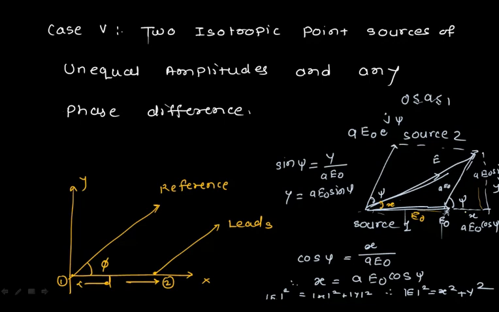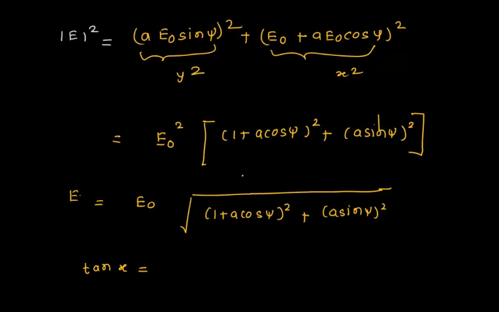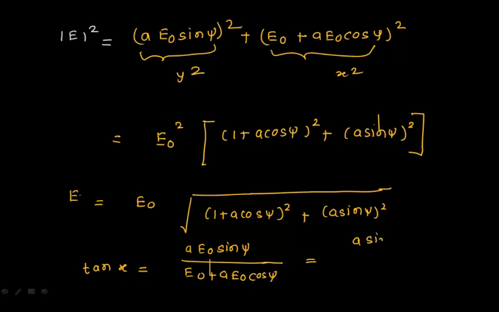Putting in the values, A E0 sine of psi divided by E0 plus AE0 cos of psi. E0 is common and cancels, so it is A sine of psi over 1 plus A cos of psi. So your angle x is the tan inverse of this term.